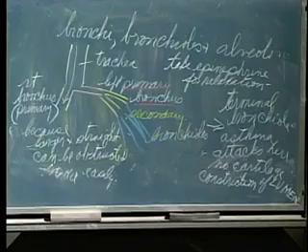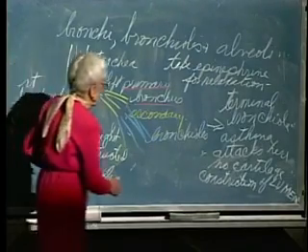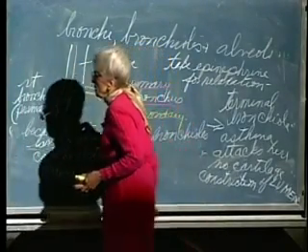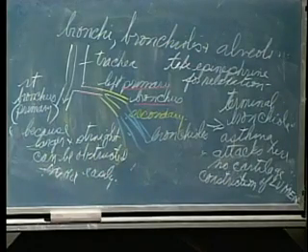Now, as we leave the terminal bronchiole, we come to the respiratory bronchiole, and it differs entirely. So it tells you what's going to happen here.